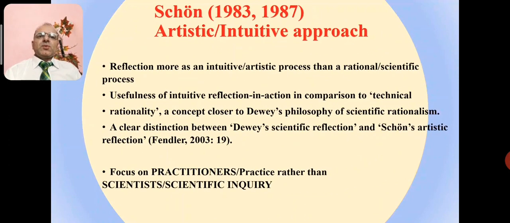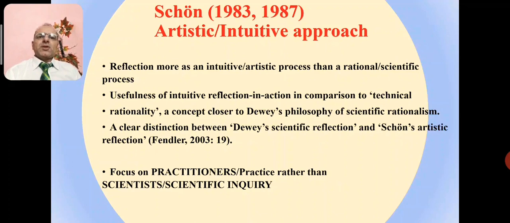Then we move to another very significant contributor to the thought and philosophy of reflective practice, and that's Schön, whose two very important books, written in 1983 and 1987, present the usefulness of reflection in terms of its artistic or intuitive approach.